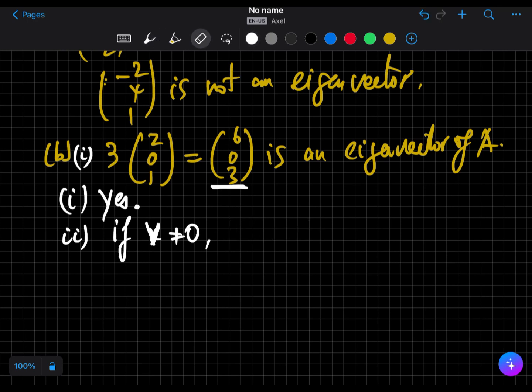Sorry, let me just have it quickly here. AV equals lambda V, right? If we consider a non-zero scalar alpha, then we know that alpha V is different from 0.